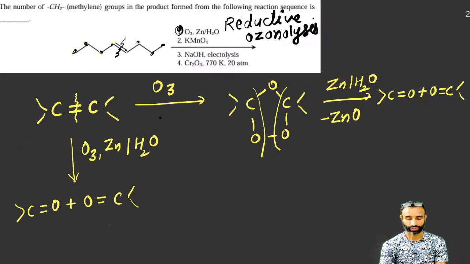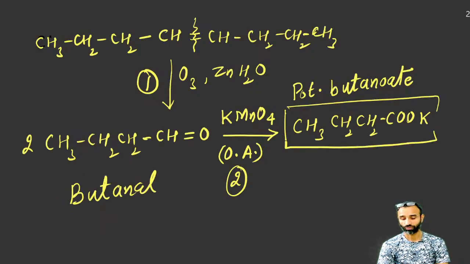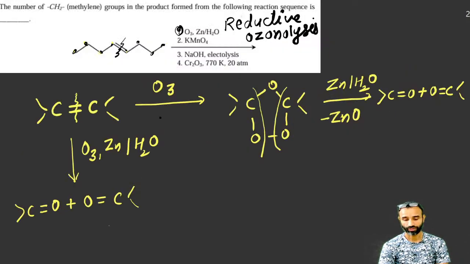Okay. Now come to the third step. Third step is sodium hydroxide and electrolysis. So we have the potassium salt of carboxylic acid and then we treat it with sodium hydroxide and do the electrolysis. So do you know what is the name of this reaction? Yes, beta.